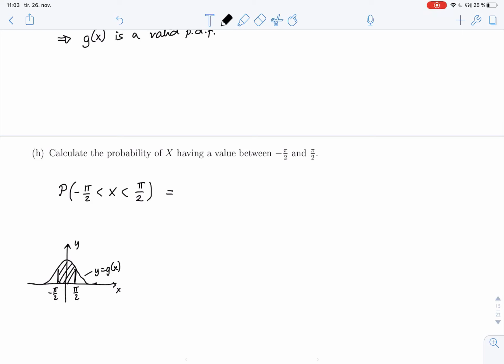I'm just naming my graph and my axes. The probability that something will happen equals 1, that's why the total area is 1. But if you want a restricted part of it, you need to find the area in that region.